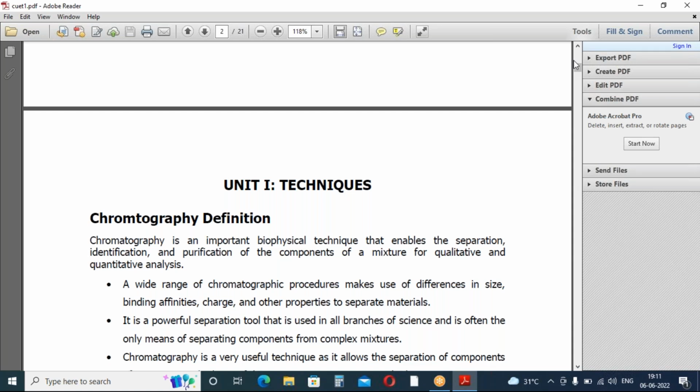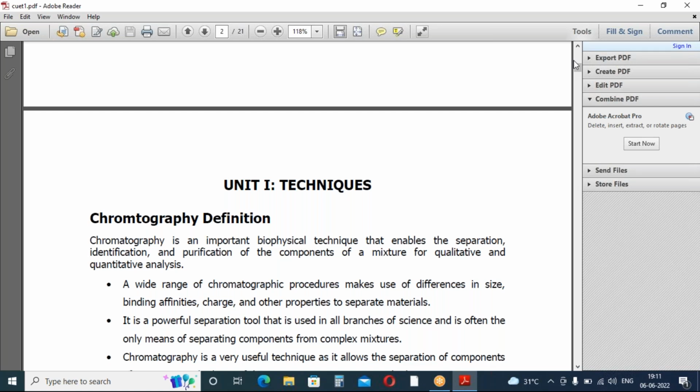These are mainly used for identification purposes, which may be qualitative and also quantitative. We can check the quality of a particular biochemical compound, or we can estimate the concentration present in the particular component. So these techniques are mainly used for the determination of a particular biochemical compound.